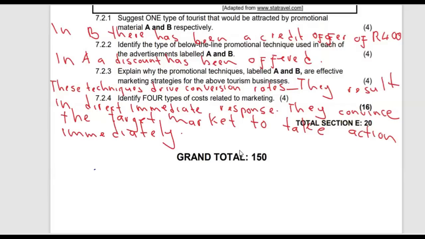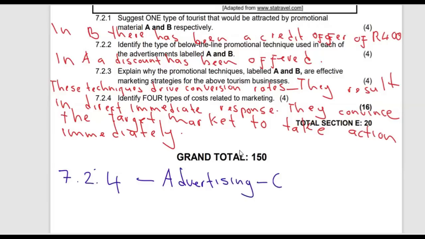The next question, which is 7.2.4. Identify 4 types of costs related to marketing. All right, so marketing is a very expensive exercise. So there are several costs associated with marketing. So the advertising part itself is very expensive.